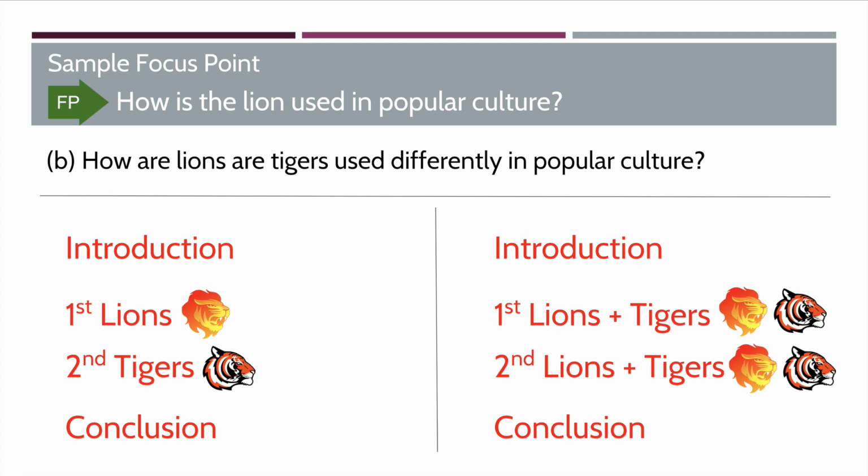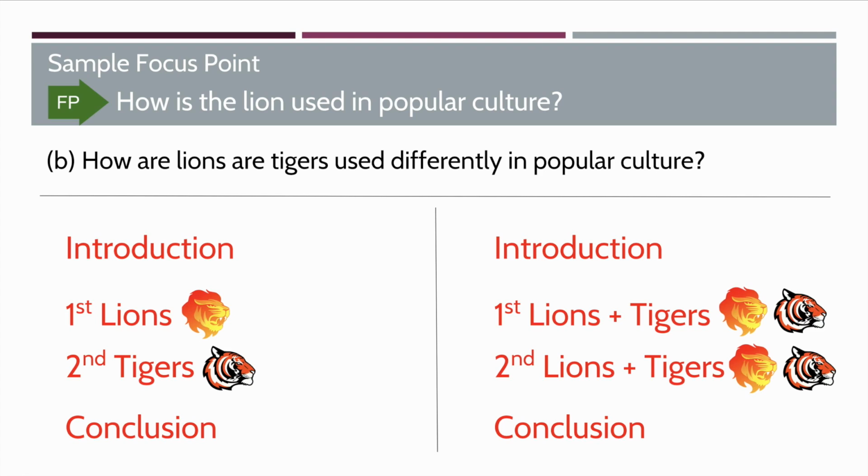Now, let's take a look at 2 samples. On the left is an essay which starts with an introduction, then there's a paragraph all about lions, and then there's a paragraph all about tigers, and then your conclusion. As we've talked many times, essays often are like a hamburger in which you have a top and a bottom, and then your evidence is in the middle.